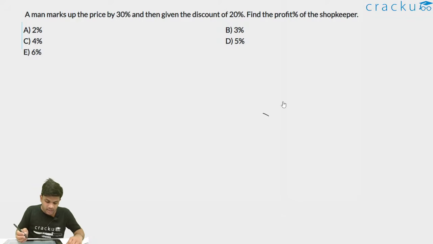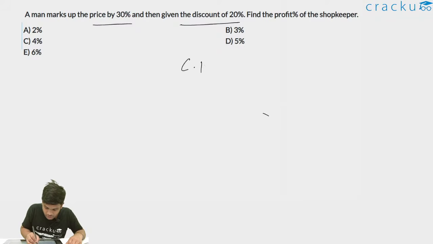Now let's look at this. In this question, it is said that a man marks up the price by 30% and then gives a discount of 20%. So let's take the cost price of an article which is being sold as rupees 100x. Now it is marked up by 30%.